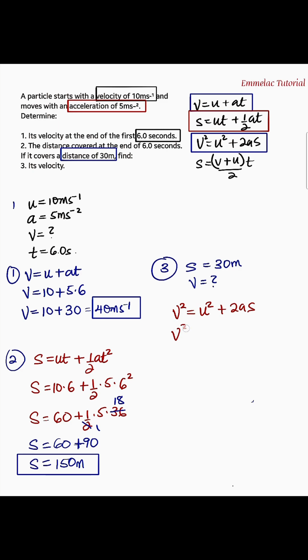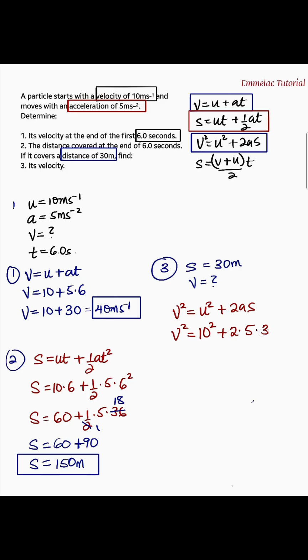So v squared equals our u, the initial velocity, 10 squared, plus 2 times the acceleration, which is 5, times 30.